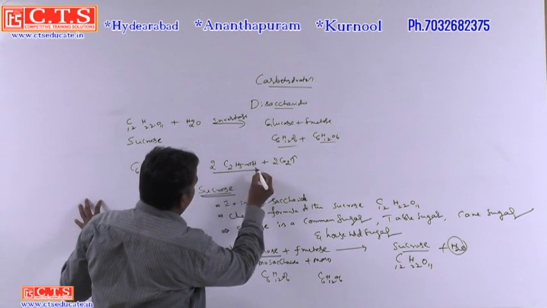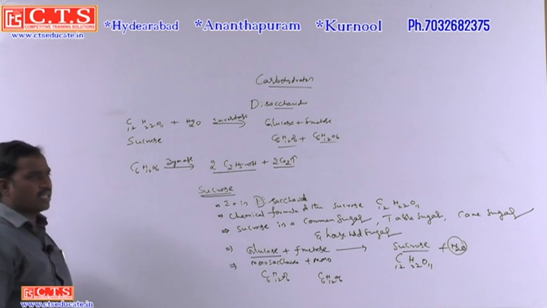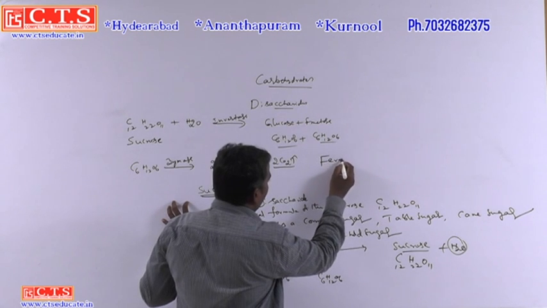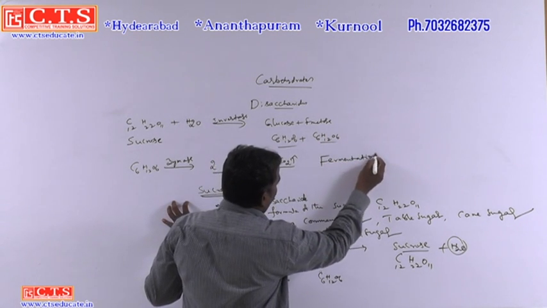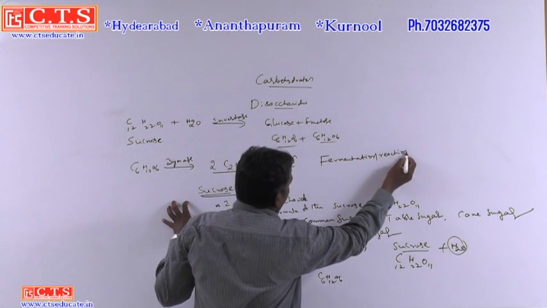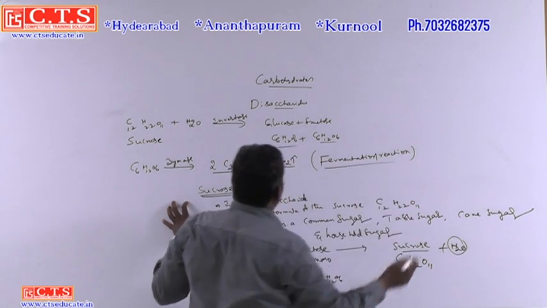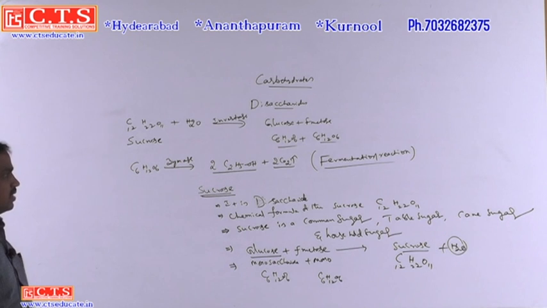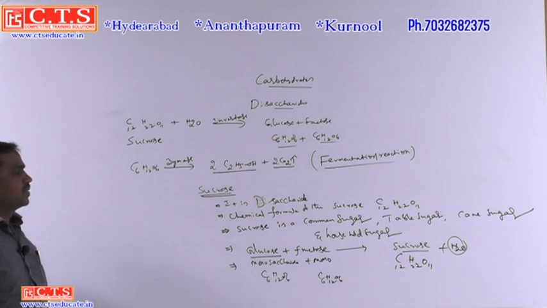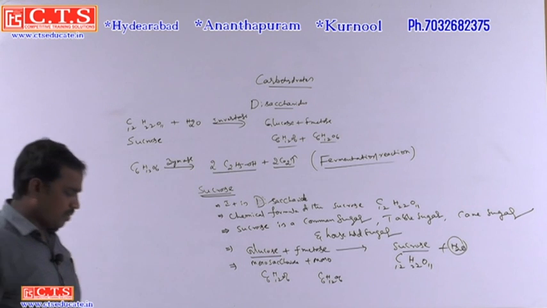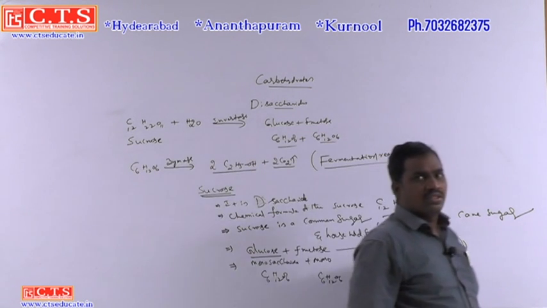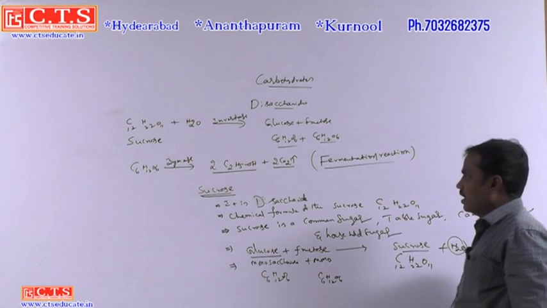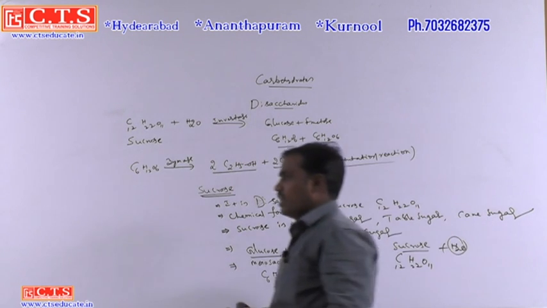The name of this chemical reaction is called fermentation reaction. What are the end products of the fermentation reaction? The end products are two: ethyl alcohol and carbon dioxide.